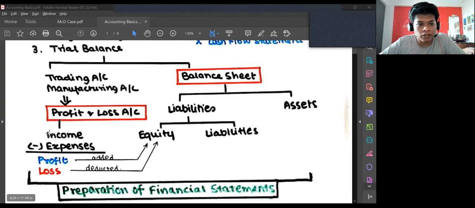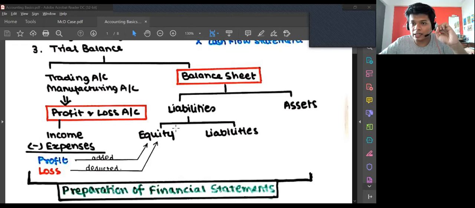So basically, whatever profit and loss is accrued belongs to the owner. For the liabilities, if I take a loan, I have to pay the interest, so that interest comes under expenses. After accounting for income and expenses, whatever is my profit or loss, if it's profit, I add it to the equity.